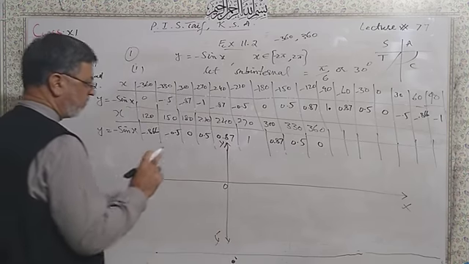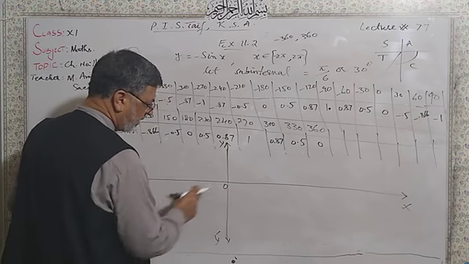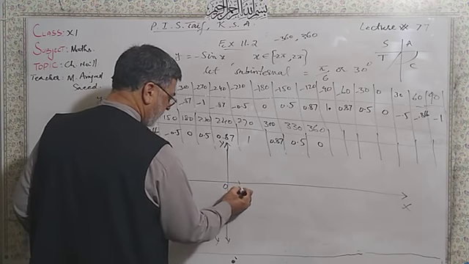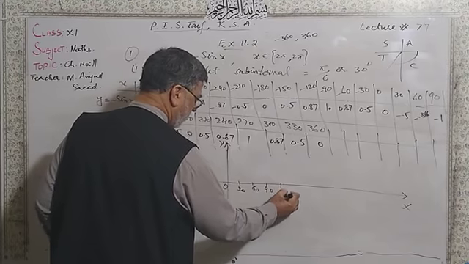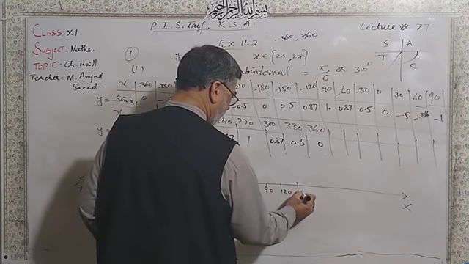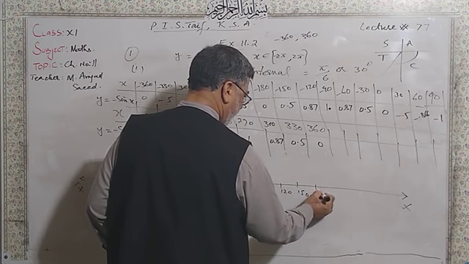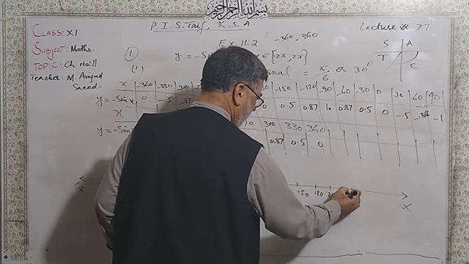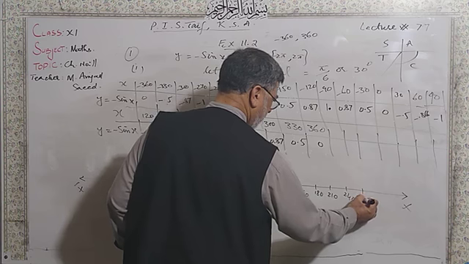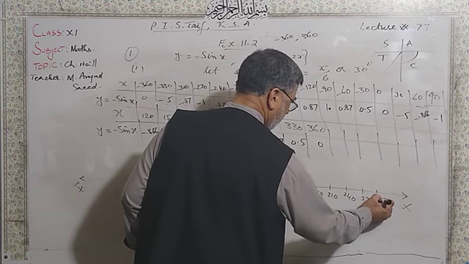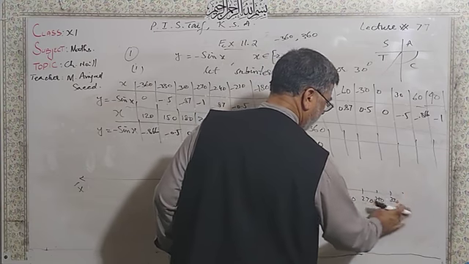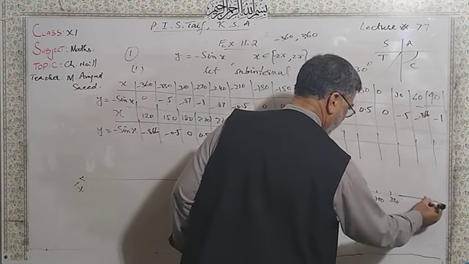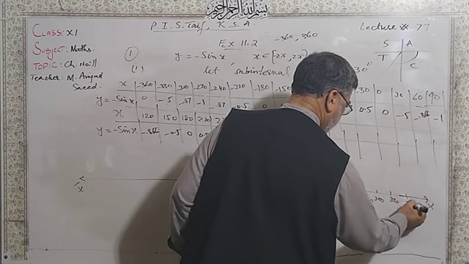Dear students, from the start, you can take 0, this is 30, 60, 90, 120, 150, 180, 210, 240, 270, 300, 330, and 360.